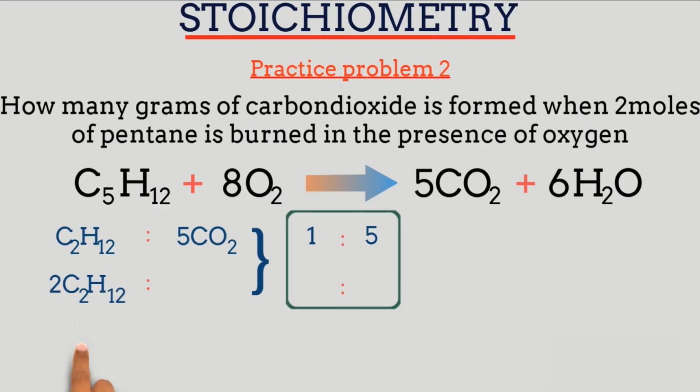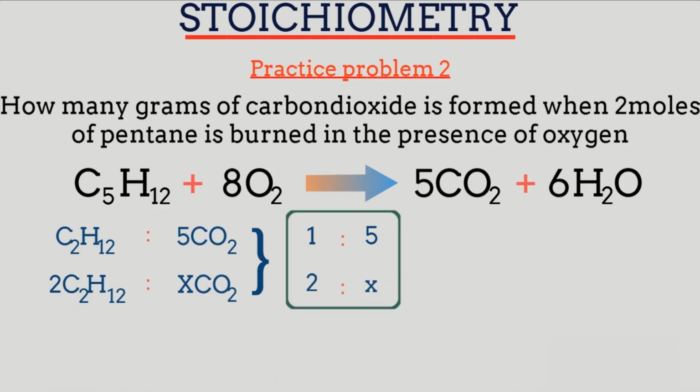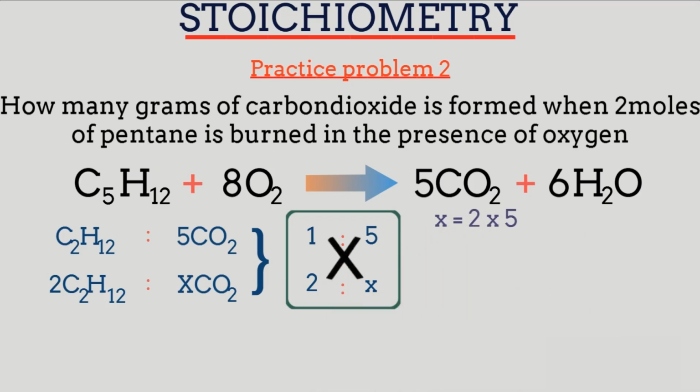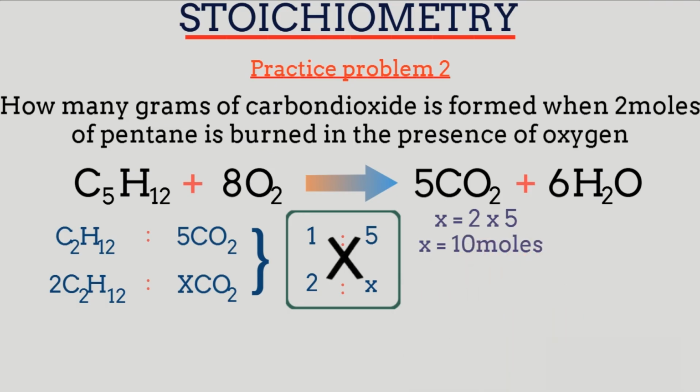So 2 moles of pentane will be to X moles of carbon dioxide. If we cross multiply, making X the subject of the formula, after calculation, we have X equal to 10 moles. So for 2 moles of pentane, 10 moles of carbon dioxide is formed.